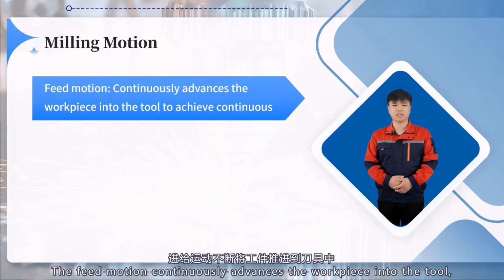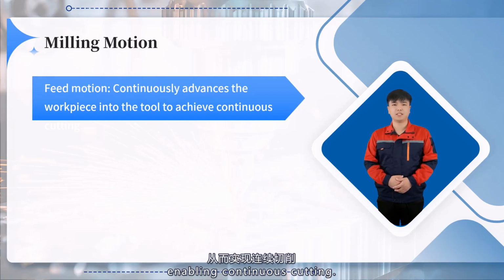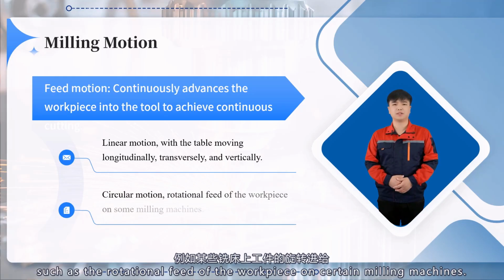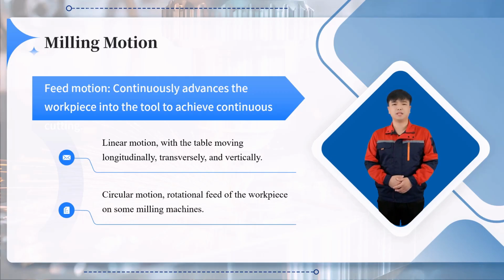The feed motion continuously advances the workpiece into the tool, enabling continuous cutting. The feed motion can be linear, such as the longitudinal, transverse, and vertical movements of the work table. It can also be circular, such as the rotational feed of the workpiece on certain milling machines.